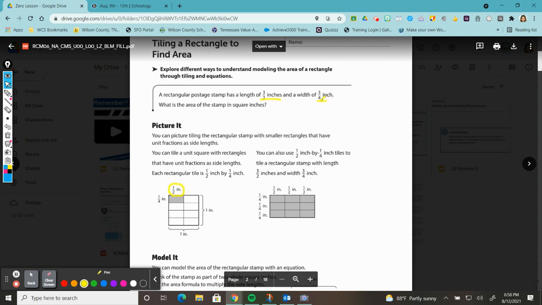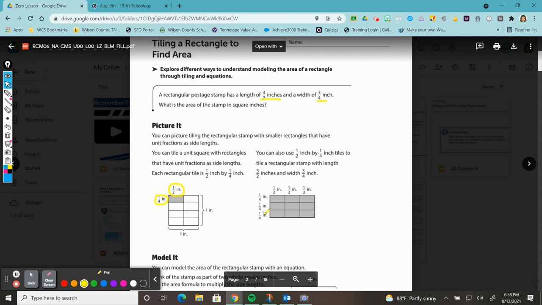Then looking at 3/4 of an inch, looking at our denominator of 4, would mean that our unit, 1 unit, would be 1/4. Now we can take that information and find the area of one tile to then find the area of the entire stamp.